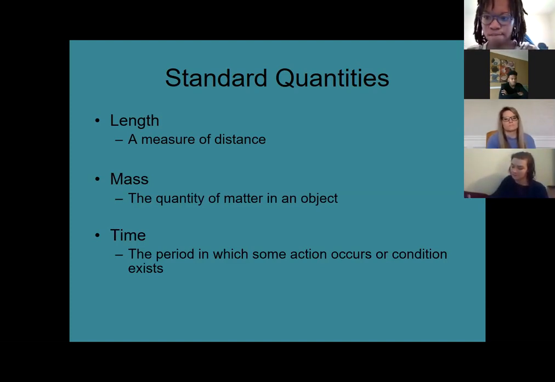The standard unit of mass is the pound, and the standard unit of time is the second. If we look at the MKS and SI systems, the standard unit of length is the meter, the unit of mass is the kilogram, and the unit of time is the second.